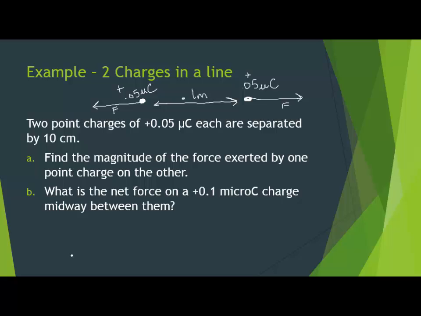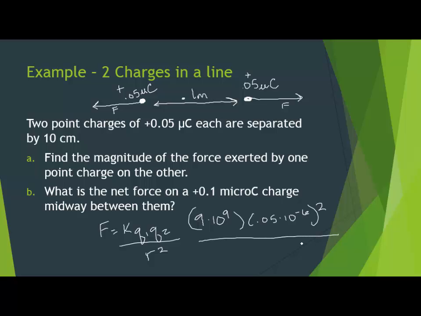So, part A, find the magnitude of the forces exerted by 1 point charge on the other. We're going to use Coulomb's law, F = kQ1Q2 over r squared, which you had on the previous slide. k is a constant, 9 times 10 to the 9th. Both of these charges are the same, so I'm just going to do 0.05 times 10 to the negative 6th, squared. And then you just divide that by 0.1 squared. This example is pretty plug and chug.